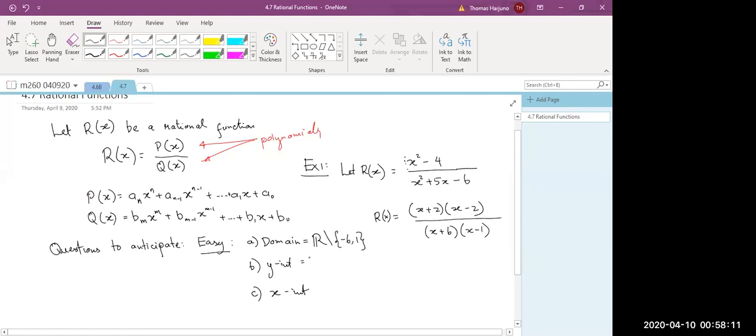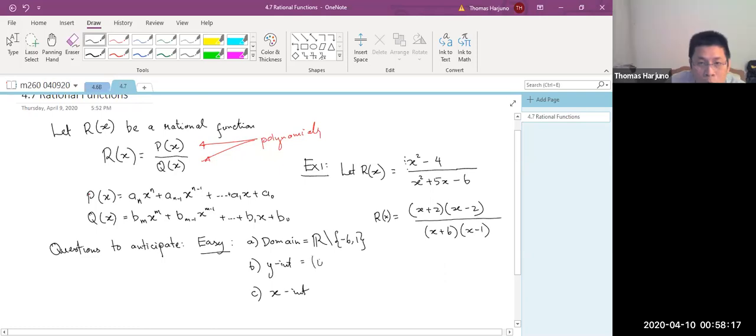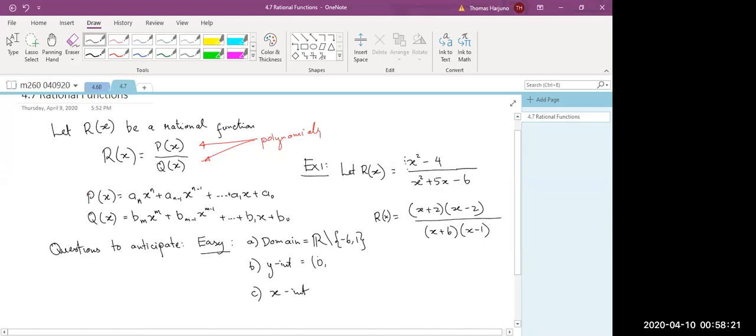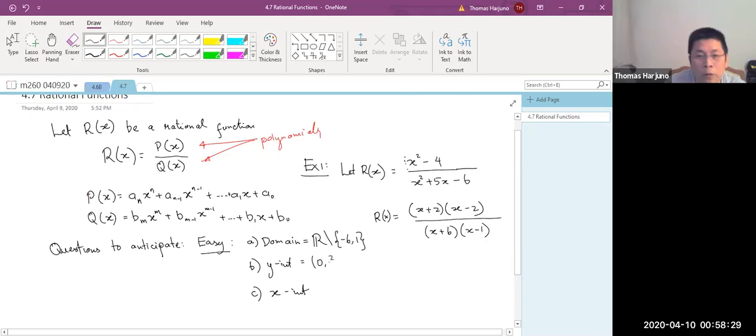Okay, how about the y-intercept? 2/3, -2/3? Are you sure? Yeah, 2/3. (0, 2/3). Now of course, the y-intercept only exists if 0 is in the domain.